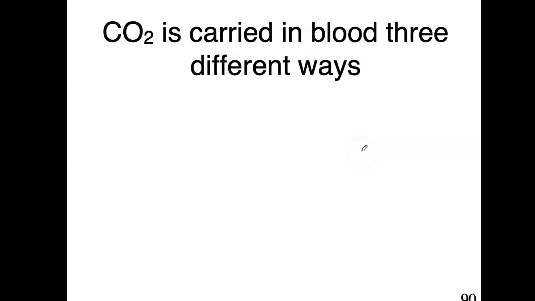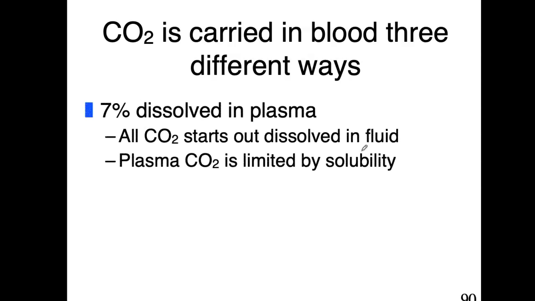What are the 3 ways in which we can transport carbon dioxide? First, 7% of the carbon dioxide circulating in your blood is going to be directly dissolved in the plasma. All carbon dioxide, I'm saying, starts out dissolved in fluid, and the plasma CO2 is going to be limited by solubility, right?